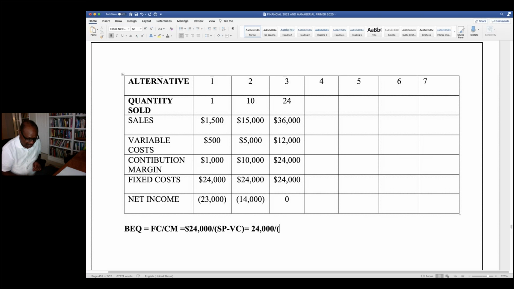Well, selling price was what? 1,500. Oh yeah. Variable cost is what? 500. So will that work to give us 24 units?